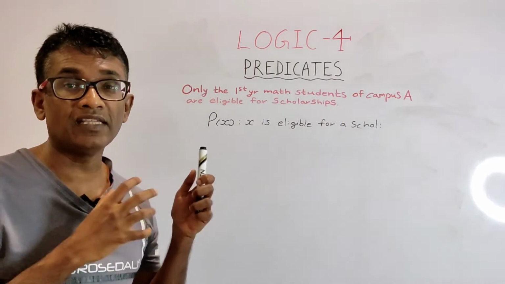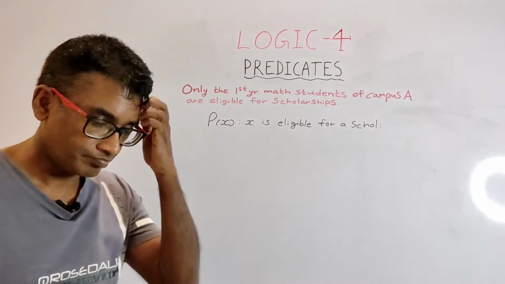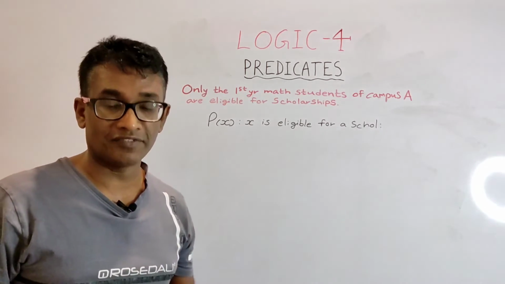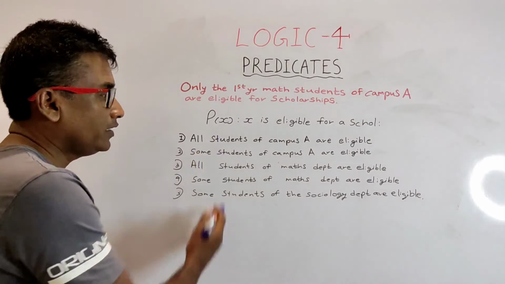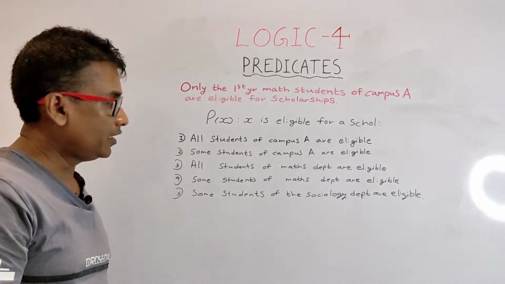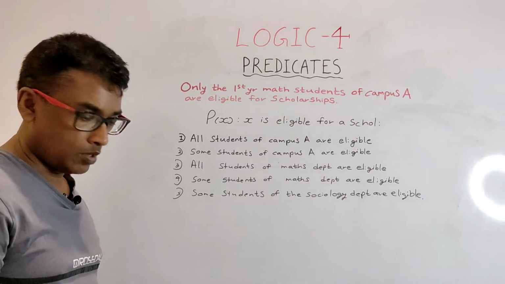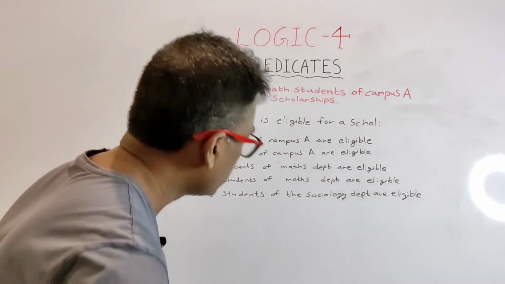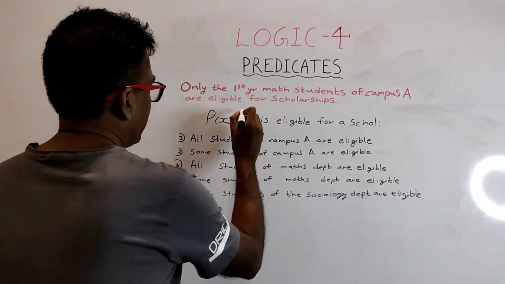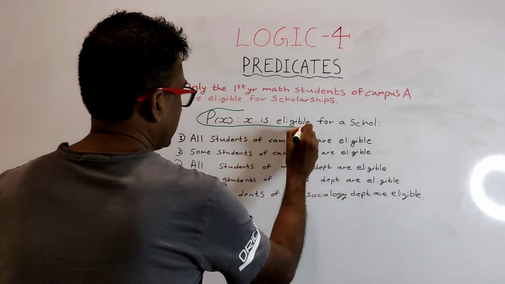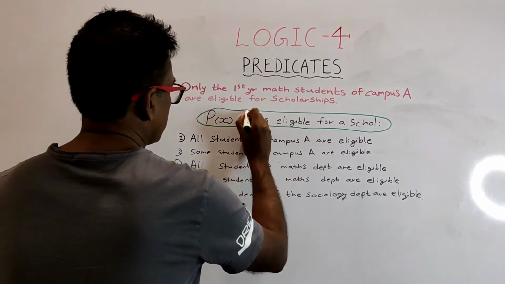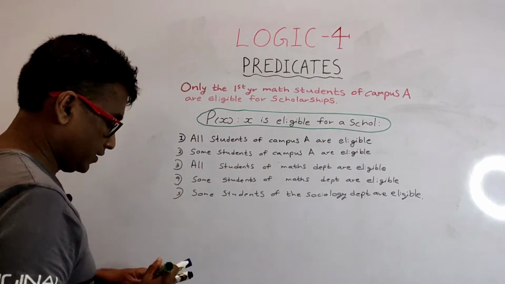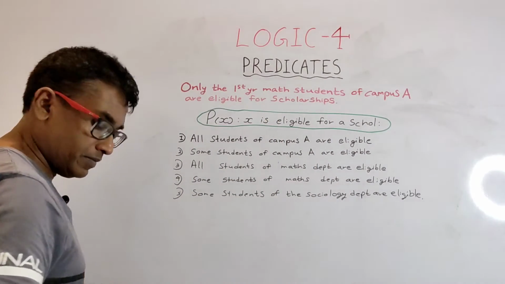Now we are going to make a statement. Not only one statement, a lot of statements. Now look at these 5 statements. Now our predicate is this: P of x such that x is eligible for a scholarship. That is the predicate. Now we have 5 statements.